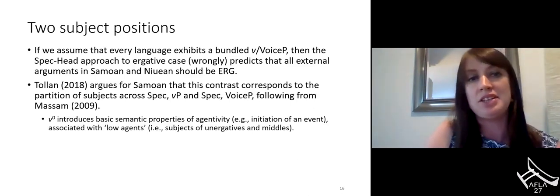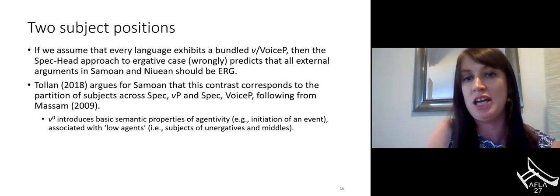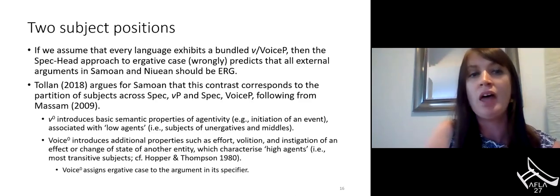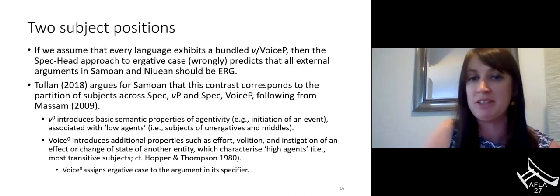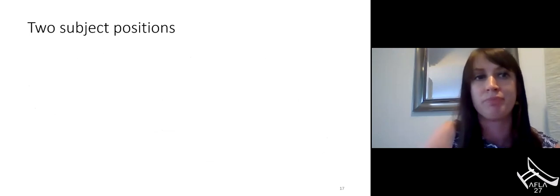So little v in this structure introduces basic semantic properties of agentivity, such as initiation and experience of an event, and these are associated with low agents, which are subjects of ergatives and middles. And voice introduces additional properties such as effort, volition, instigation of a change in state of another entity, and these characterize high agents. And critically, voice assigns ergative case to the argument in its specifier in a spec-head relationship.